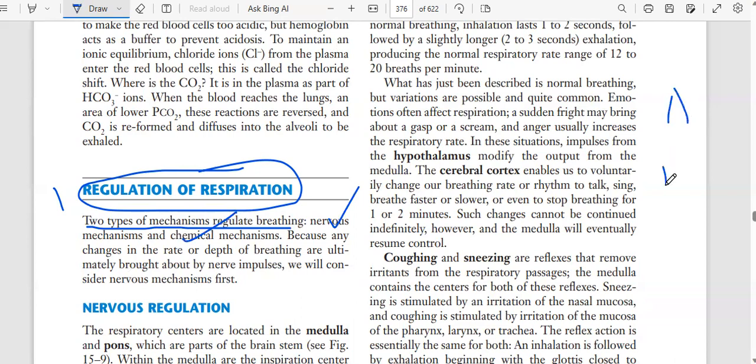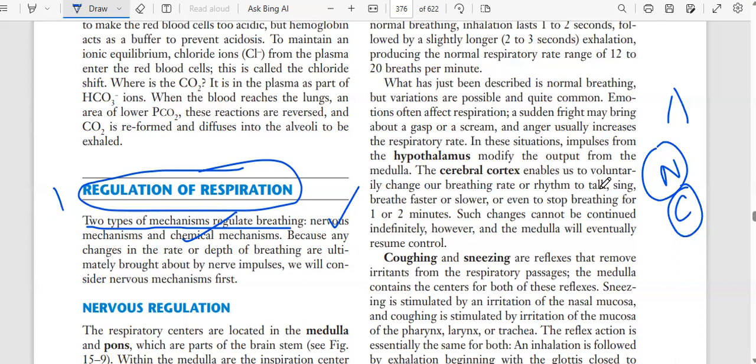So basically we need the nervous mechanism and the chemical mechanism. Those two mechanisms will help us to breathe in the background whenever we are at work. While I am sitting, doing nothing now, I can sense that I'm breathing.